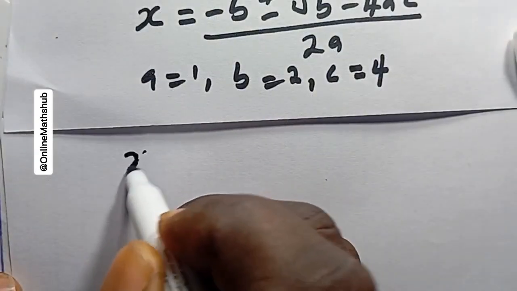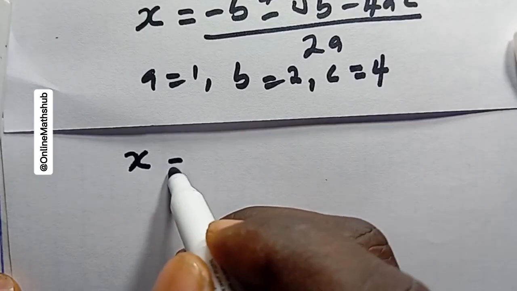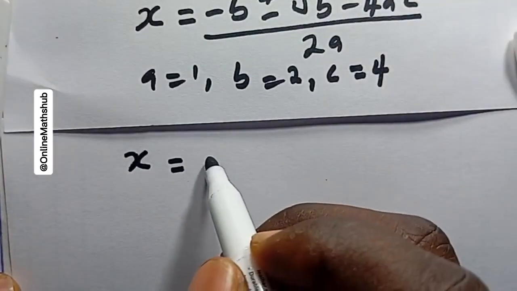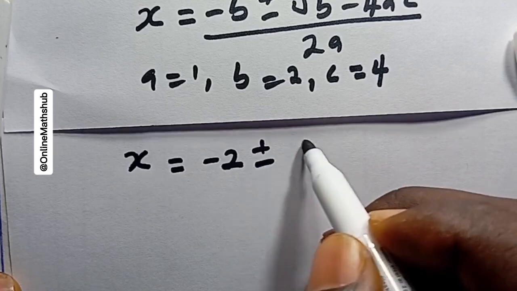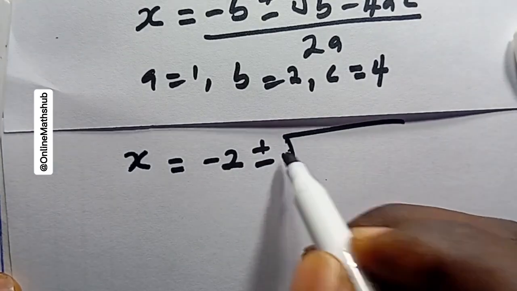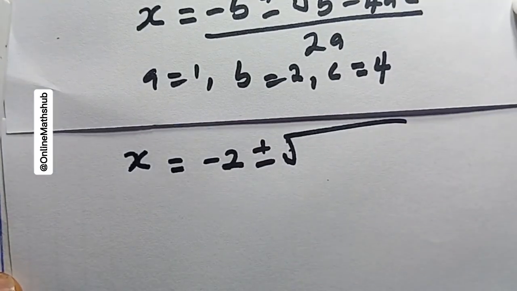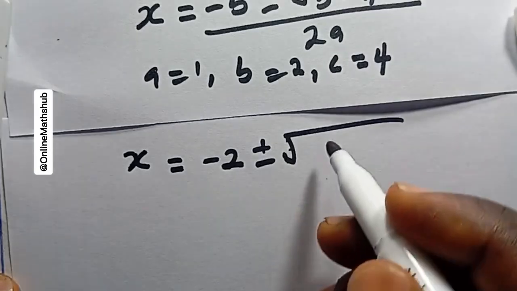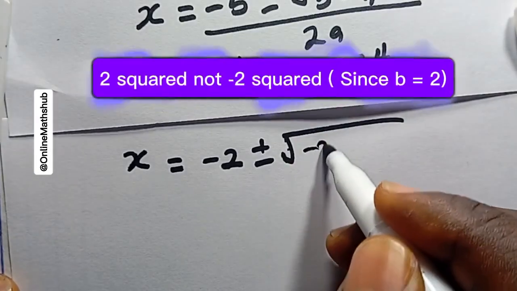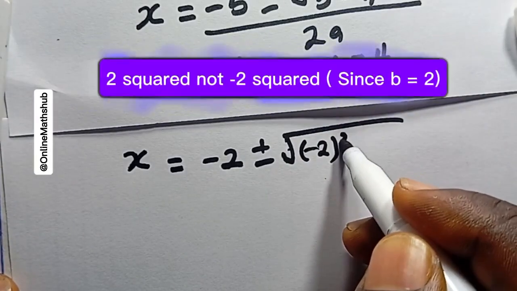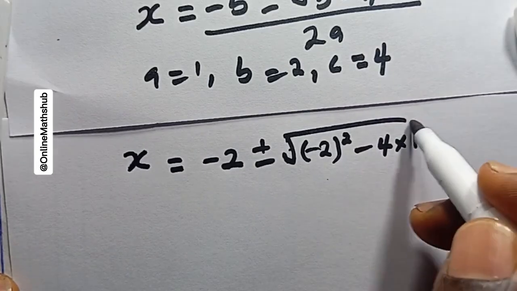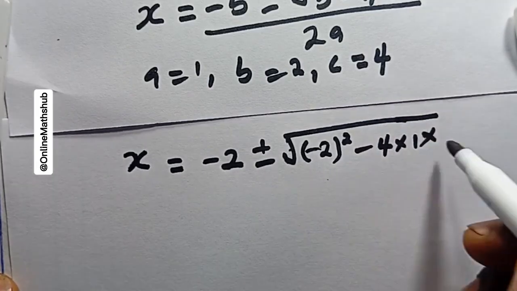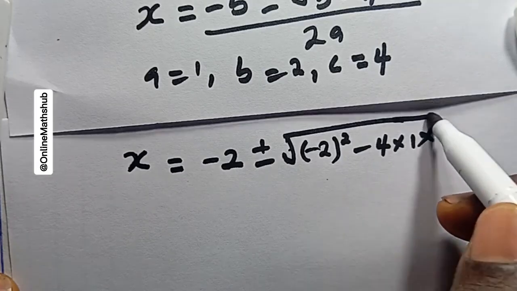So if I do that, x will be equal to, b here is 2, so I'm going to have minus 2 plus or minus the square root of 2 raised to the power 2, and then minus 4 times 1, and then times 4 here, which is the c.